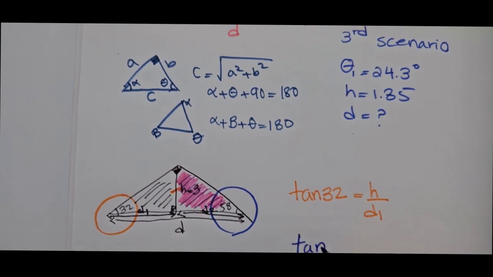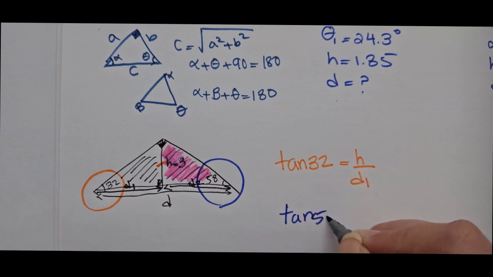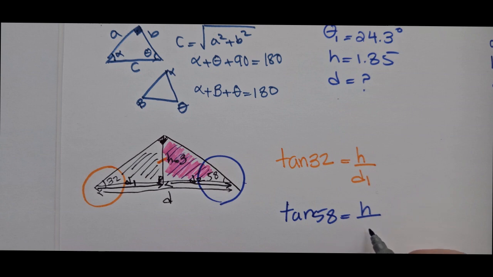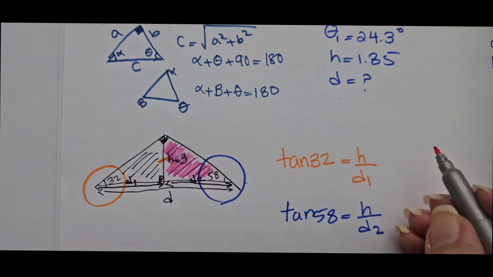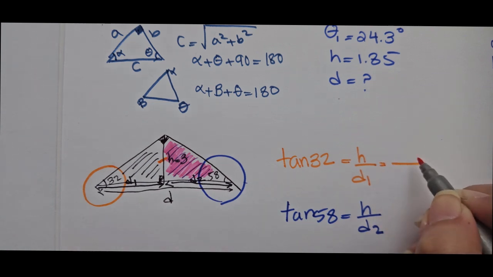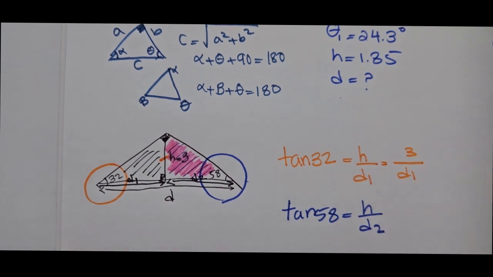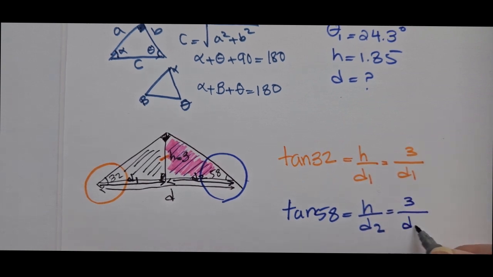Tan of 58 would be again H over this side, which is D2. So remember, in both cases, the H is how much? Yes, it's 3. So 3 over D1, and then H is again 3 over D2.